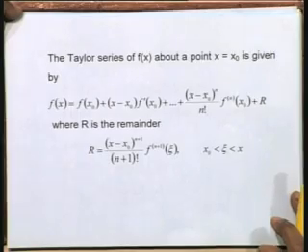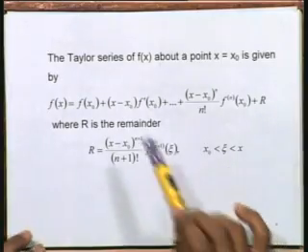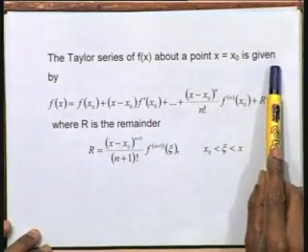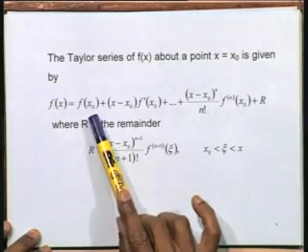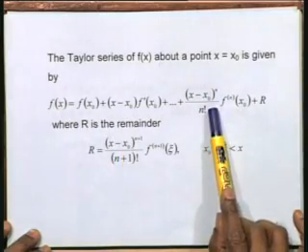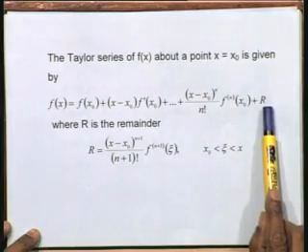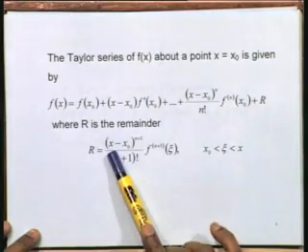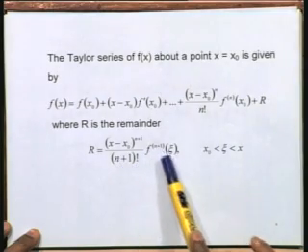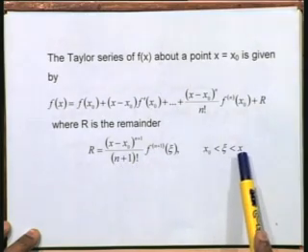Now, let us just see how this error comes about. If I write the Taylor series expansion of a function f of x about a point x equal to x naught, I can write it as f of x naught plus x minus x naught f prime of x naught, and so on up to the nth term, plus R as the remainder, where R is given by x minus x naught to the power n plus 1 divided by factorial n plus 1 times f superscript n plus 1 of xi, lying between x naught and x.